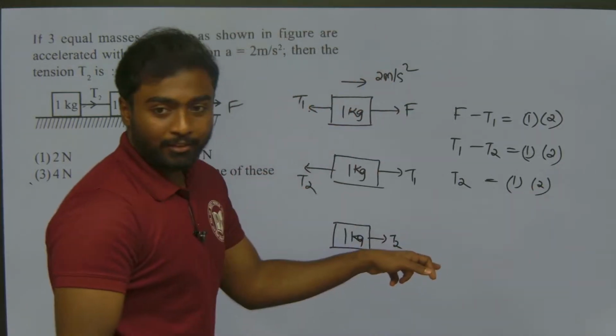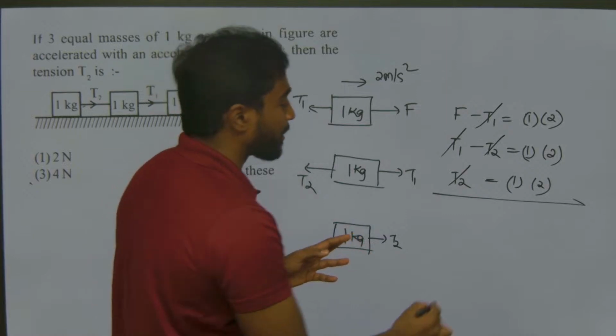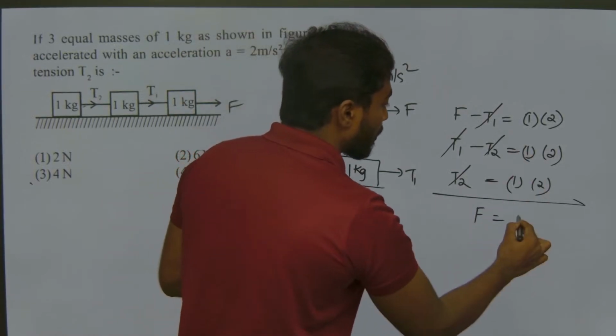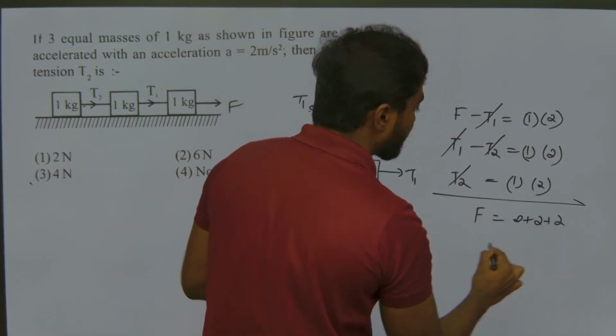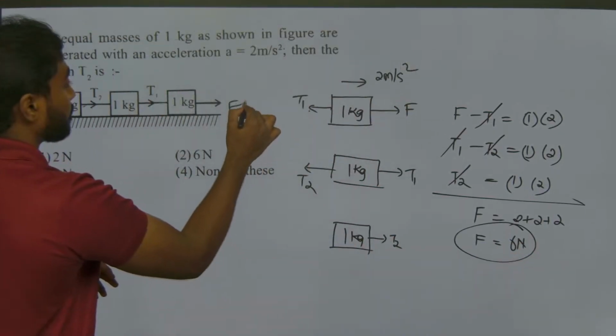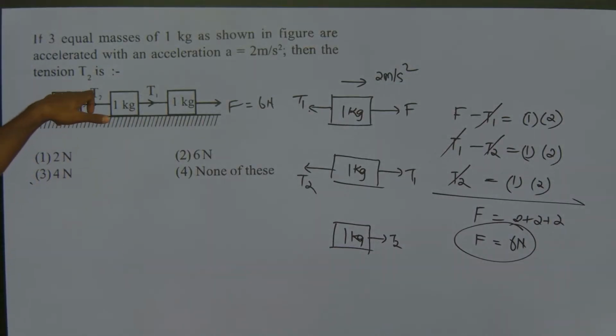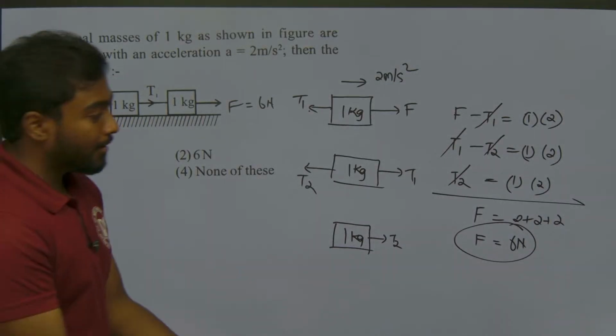So if I add everything, what will happen? T2 will cancel, T1 and T1 will get cancelled off. So F will be equals to 2 plus 2 plus 2, which is nothing but 6. So force is 6 Newton. Right? Now I need to find the tension T2 they are asking. So T2, directly I can say it is 2.